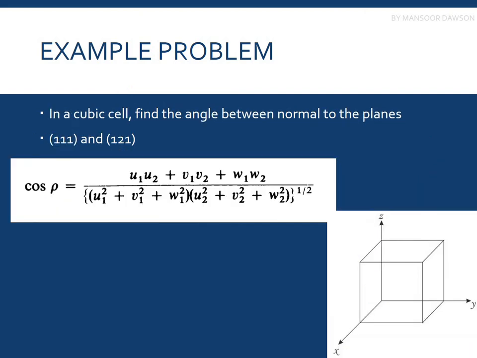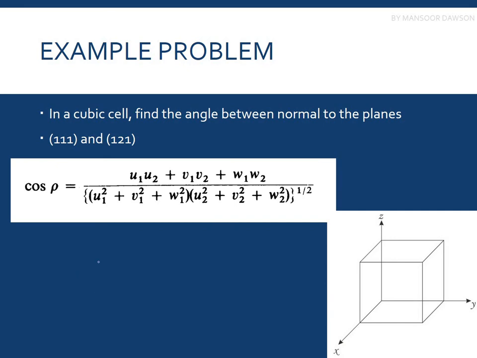Okay. Next we have, in a cubic cell, find the angle between normals to the planes. You can see that we have two planes, that is 111 and 121.